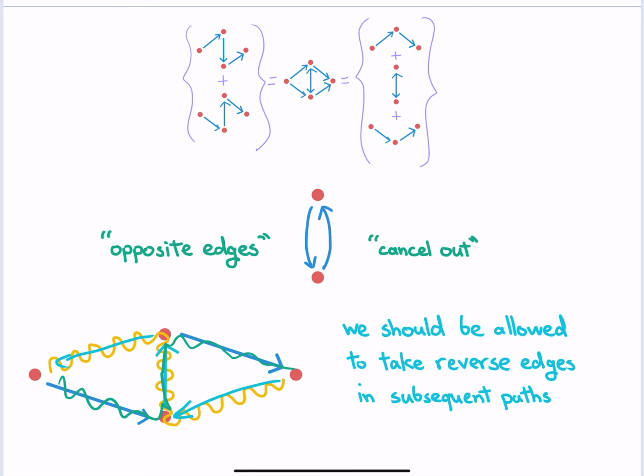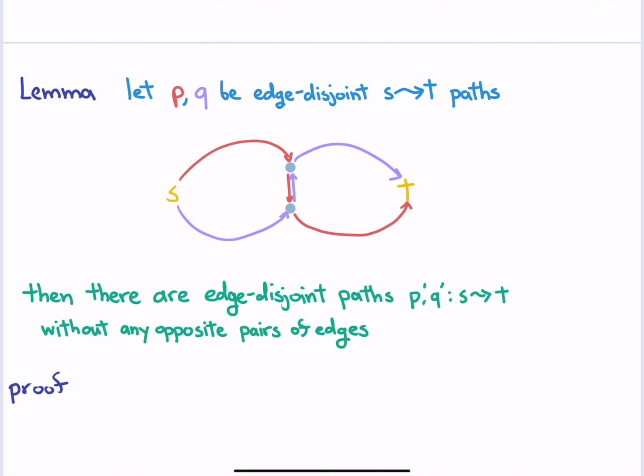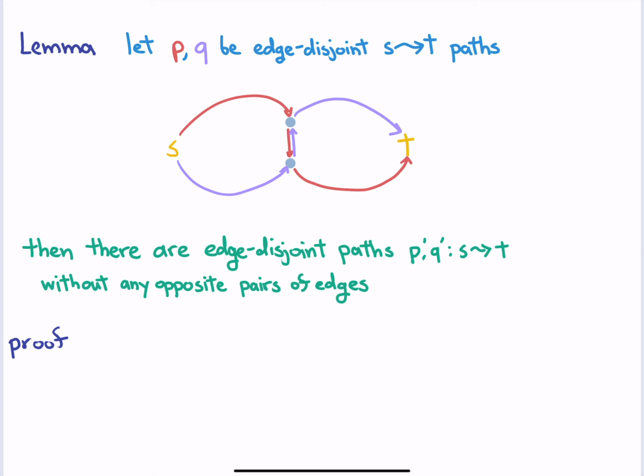Okay, so this is just to build some ideas. Here's a little bit more of a formal lemma. Suppose I have two edge disjoint paths, P and Q. P is the one in red and Q is the one in purple. They're edge disjoint, although they could be using opposite directions.